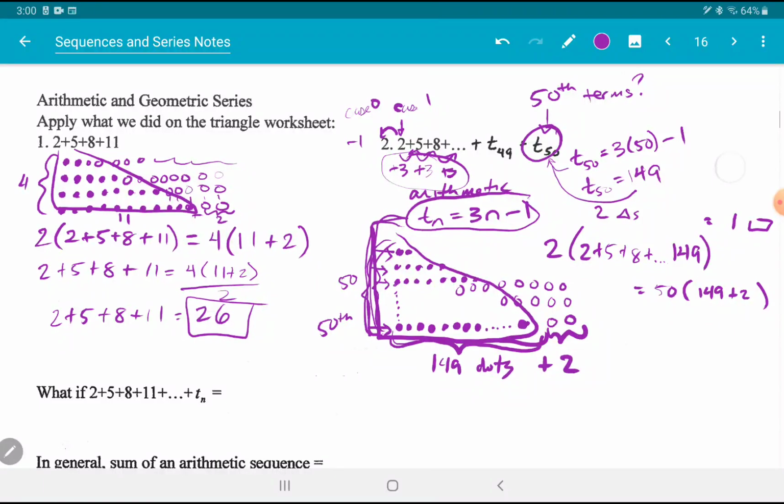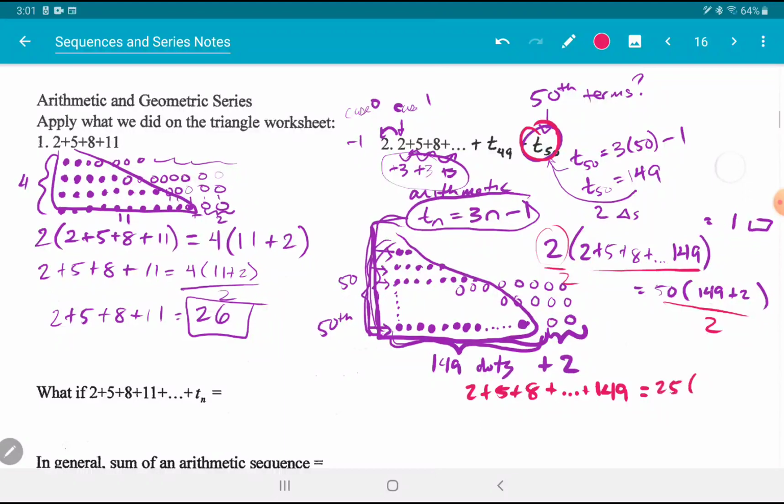Okay? Now, what are we trying to solve for? We're looking for 2 plus 5 plus 8 all the way to 149. So we have to divide everything by 2. Okay? So 2 plus 5 plus 8 all the way to 149, which is our 50th term, is going to equal, let's see what this is. 50 divided by 2 is 25.